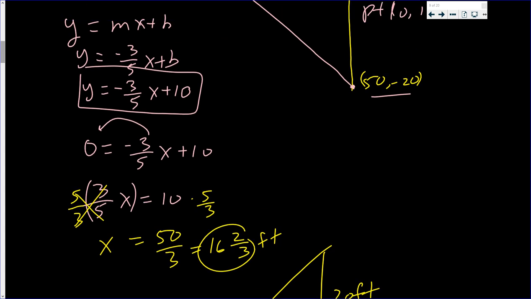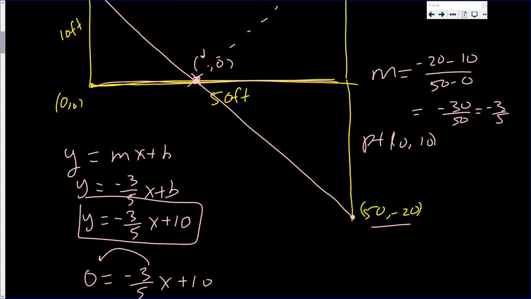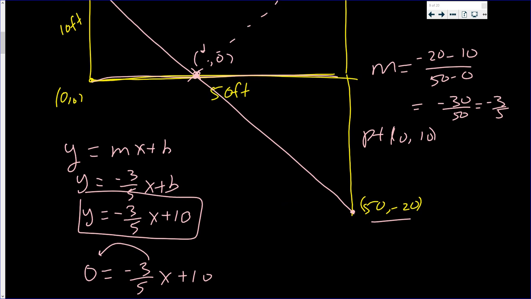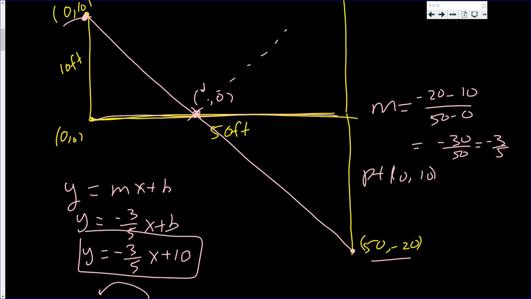We won't do it, but that's really easy because the amount of feet that we are going to need is simply the distance between (0, 10) and (50, -20). The distance is the square root of the change in y squared plus the change in x squared.